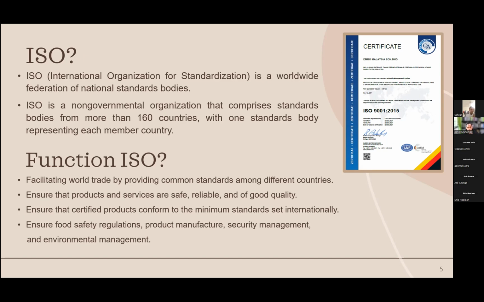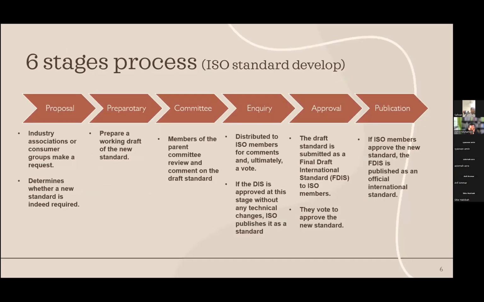This is one example of an ISO certificate, for ISO 9001. To develop an ISO standard, there is a six-stage process. First, the proposal. Next, preparatory, committee, inquiry, then approval, and the last, publication.